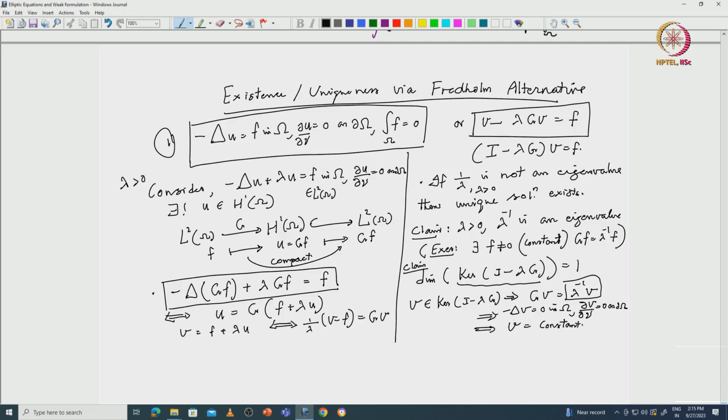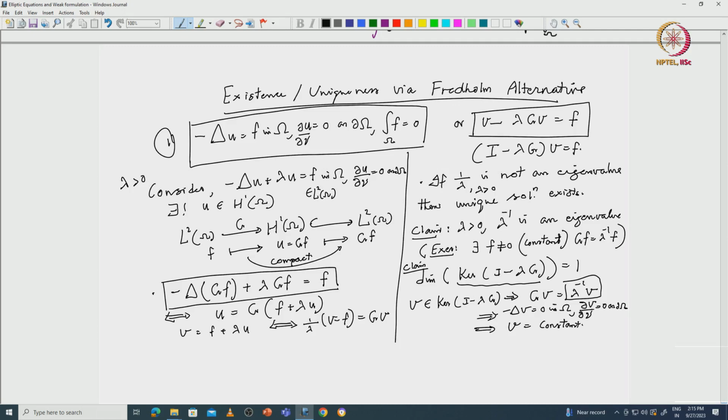So this will imply V is a constant, that we have already seen. So that means the kernel of I minus lambda g you can identify with the reals because it is all constants. Okay. So you got that.